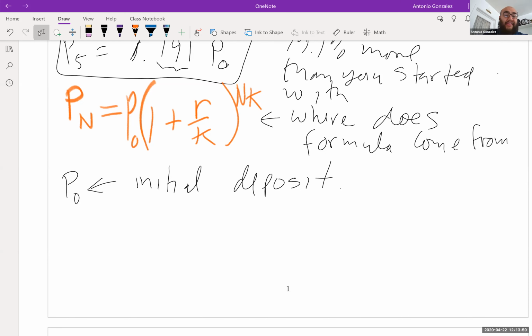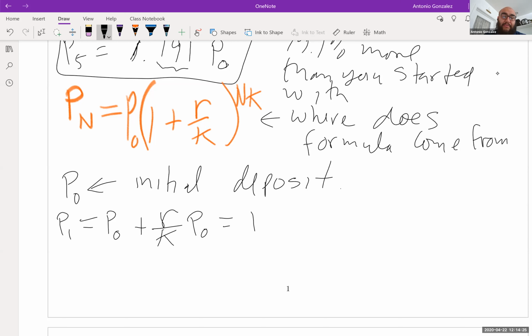So the next compounding period, I'll call P1. You're going to have your initial amount, P0, plus the interest that you earn, R over K times P0, where K is the number of compounding periods. Because if, for example, the rate is 4%, it's not 4% every month, it's 4% divided up into those 12 months. So that's where the K comes in, whatever those compounding periods are.